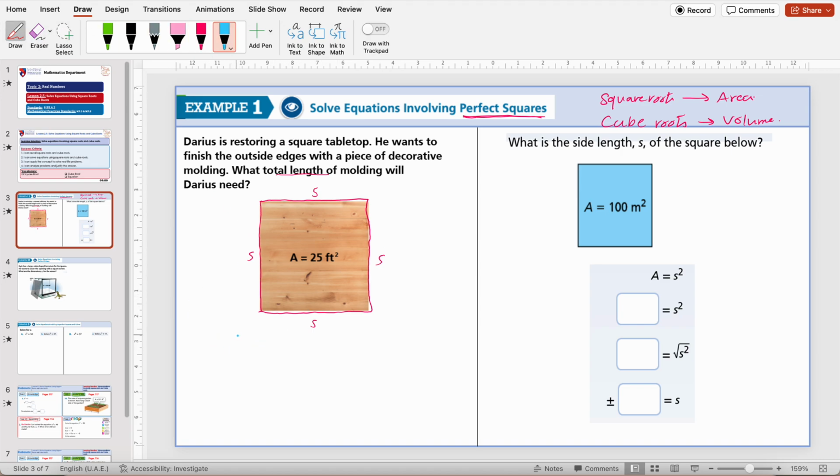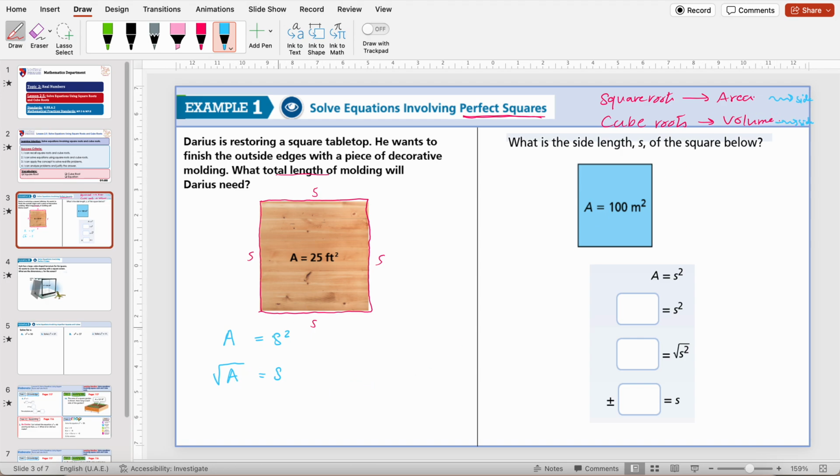We know that the area is side times itself, which is side squared. If I want to find only one side, I need to find the square root of the area. This was from a previous video: the square root of the area gives me the side, and the cube root of the volume gives me the side, okay?